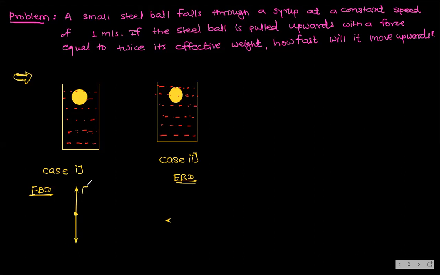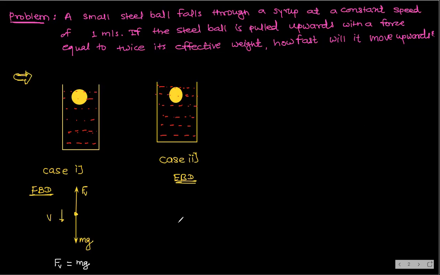Let us assume this is Fv, and downward is its weight, mg, and as it is moving with constant velocity... is that clear? That's why the equation you are getting is: viscous force is equal to mg.